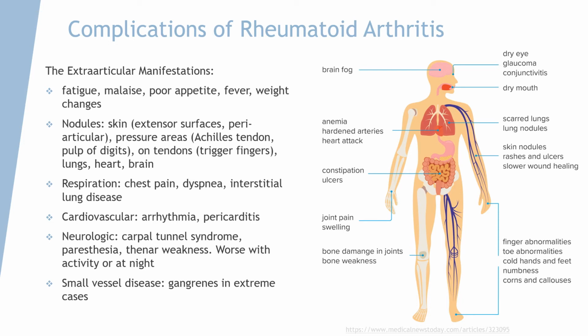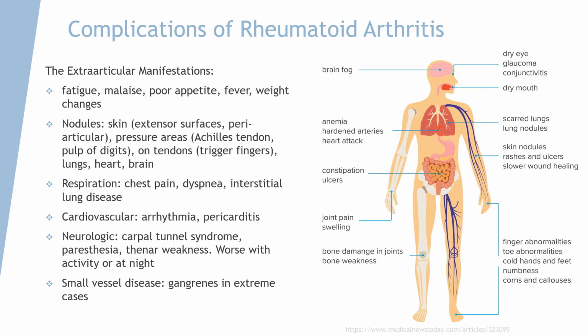On the skin, there can be nodules, especially on the side of your elbow or your knee extensor surfaces, and the periarticular areas. These are pressure areas, especially the joint parts that receive a lot of pressure, and on tendons.